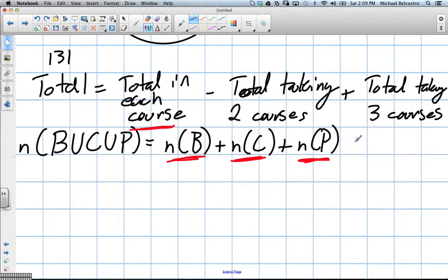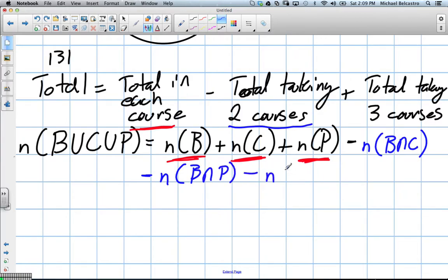Then we're going to be subtracting total people taking two courses, which means we subtract people in bio and chem, and subtracting people in bio and physics, and subtracting people in chem and physics.